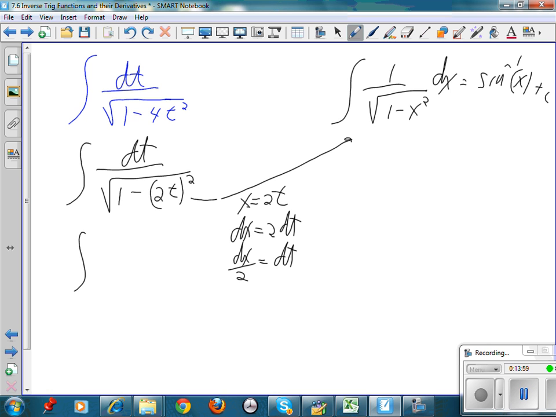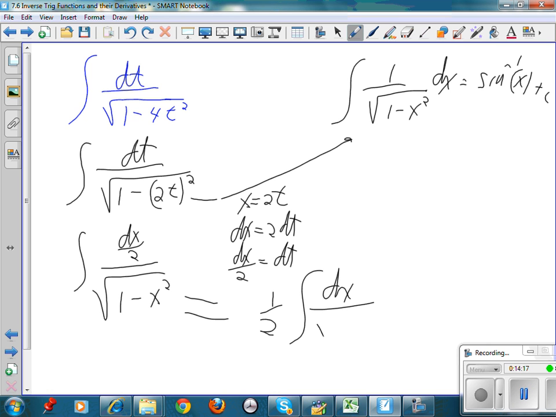Now I'm going to substitute in here. What do I get? Well, dt is just equal to dx over 2, over the square root of 1 minus, what's 2t equal to? x squared. Now that looks like 1/2 dx over the square root of 1 minus x squared. Well, those look remarkably the same, right?